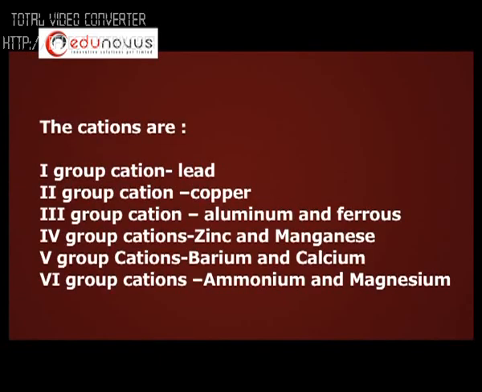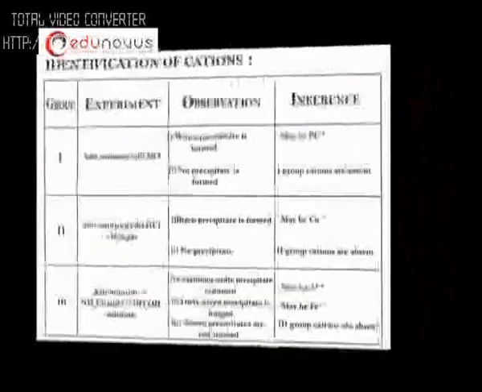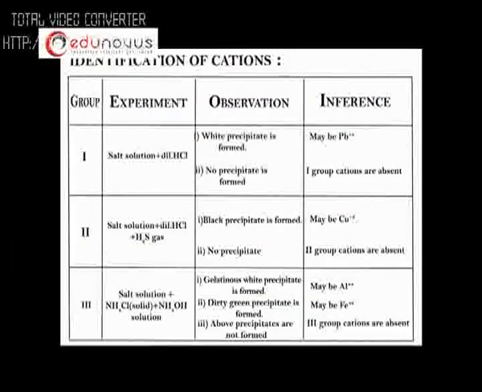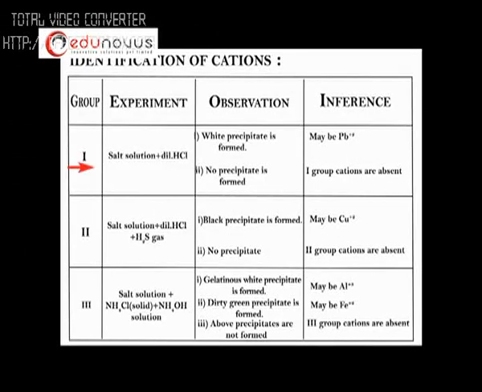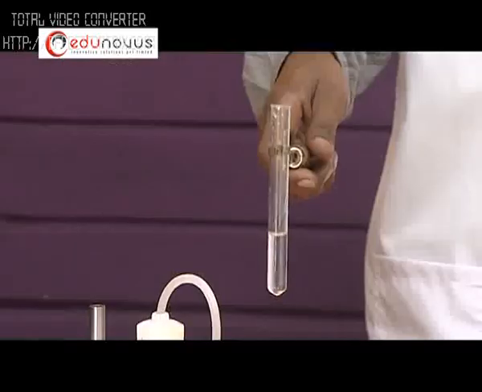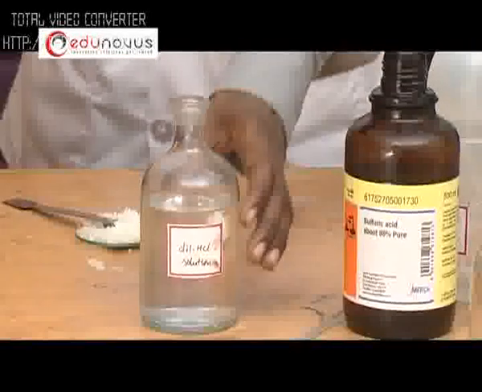Next, we identify the cation present in the given salt. Now, let us perform the group separation test on the given sample. The first group test, action of diluted HCl. To the salt solution, we add diluted HCl.